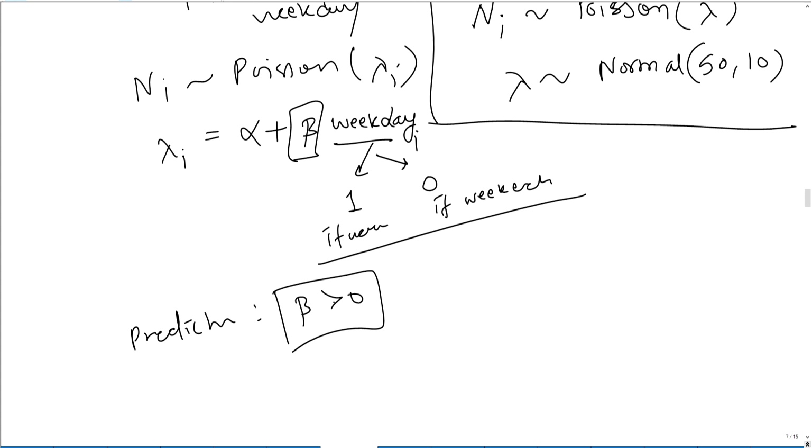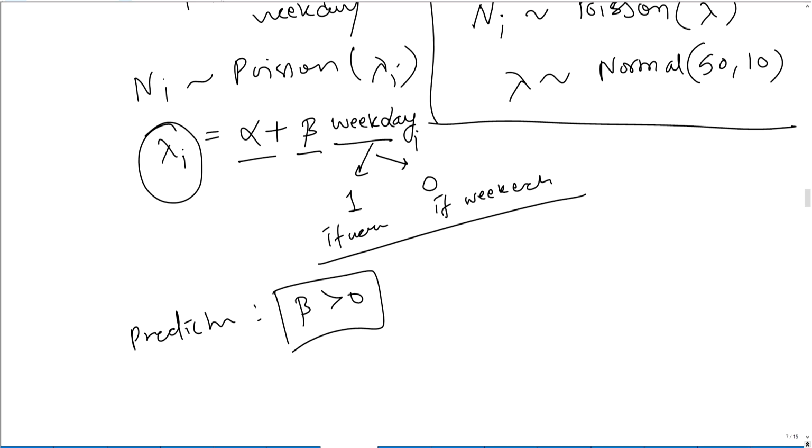Now, interestingly, you are in the same technical problem here, that this parameter lambda cannot take 0 or negative values. Lambda has to be strictly greater than 0. And if you leave it like this, there is no way to control it to have only positive values, because at any point alpha and beta can be proposed to be negative and then it will be difficult for the sampling, right.